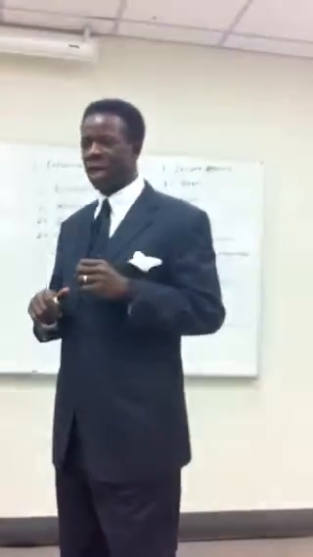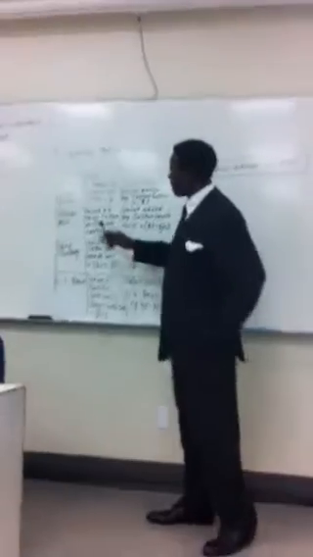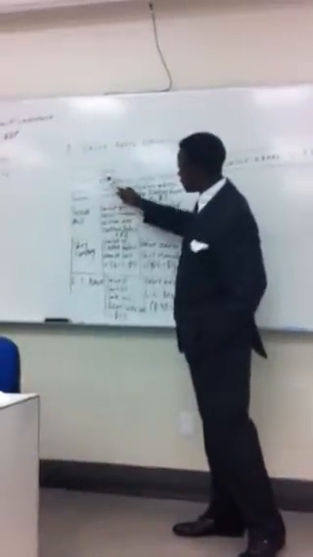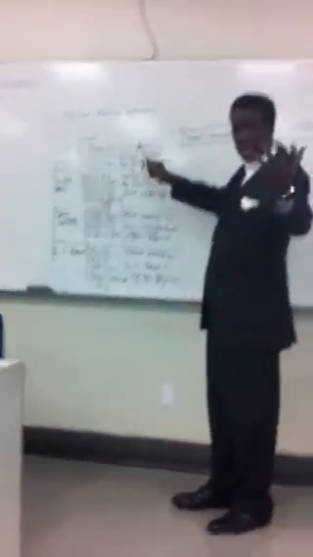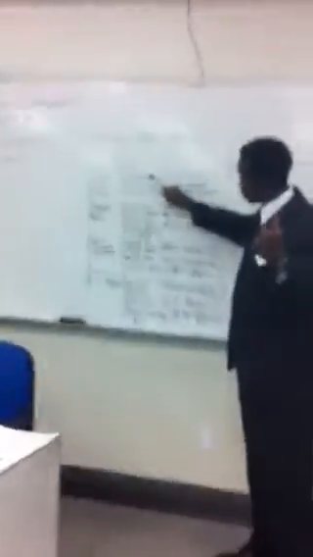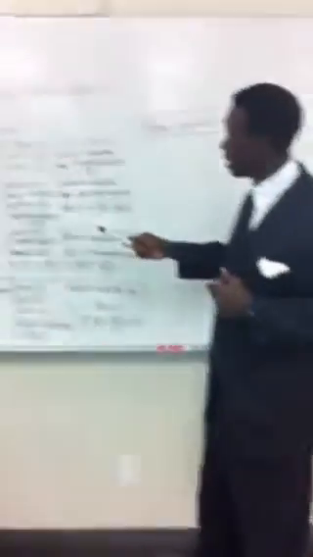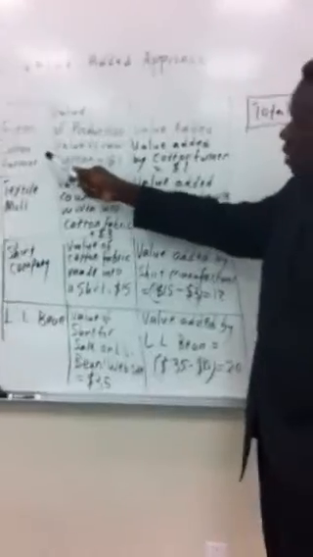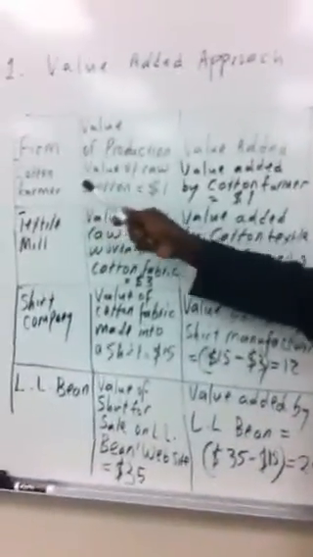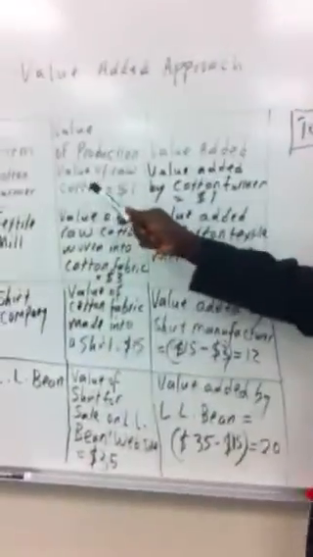Now, let's look at the table on the board so you can have a better view. Now, this is a firm, and this is value production, and value added. Okay? So, now, here's a cotton farmer.